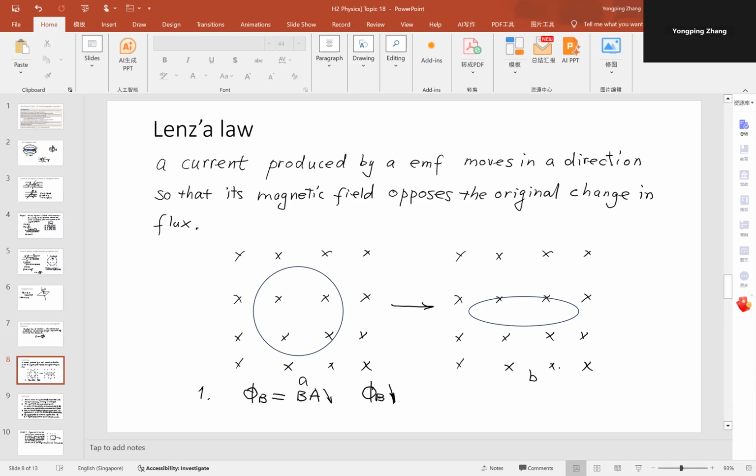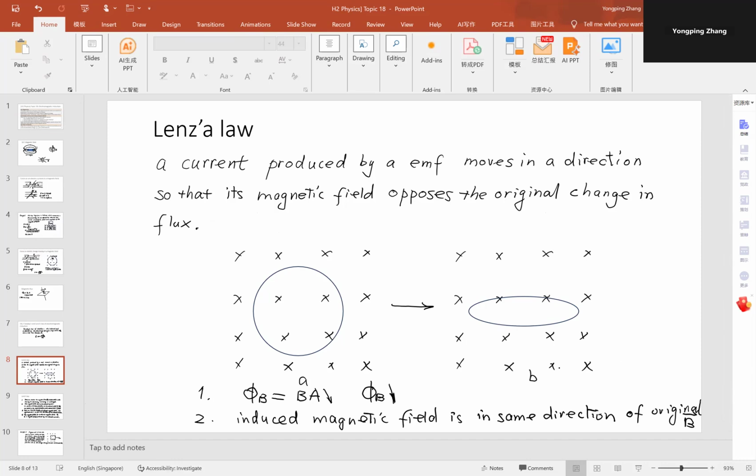For decreased magnetic flux, the induced magnetic field is in the same direction as the original magnetic field.